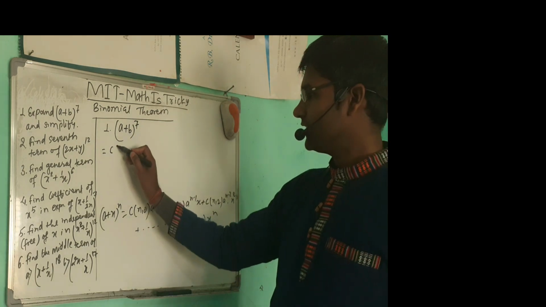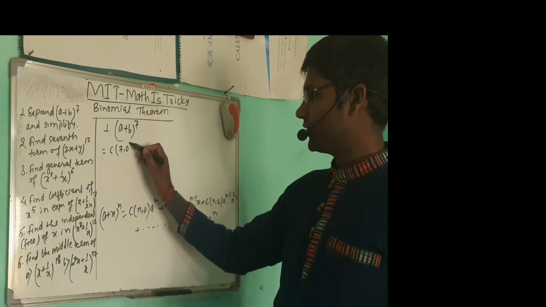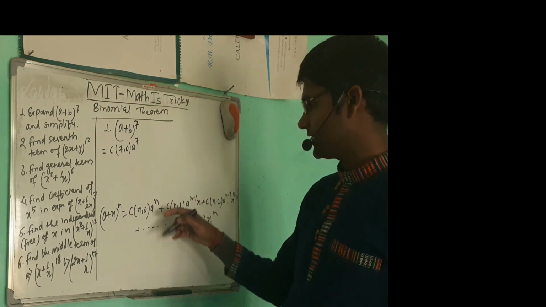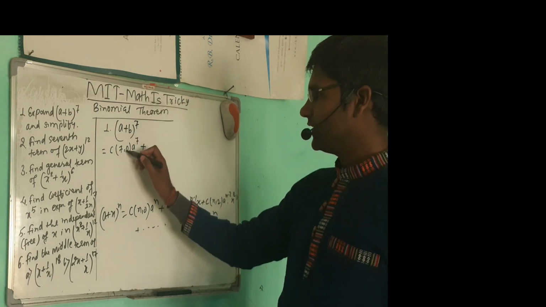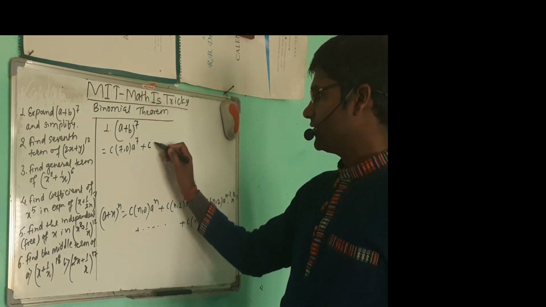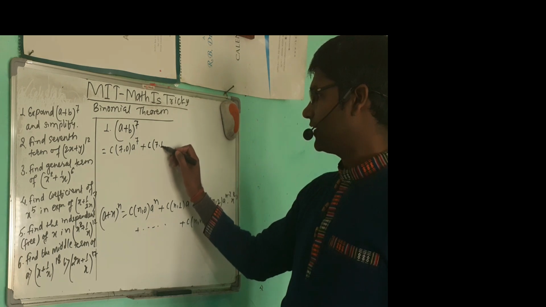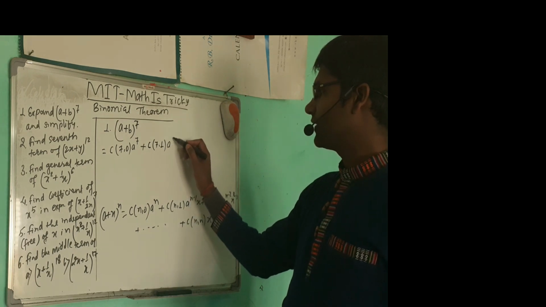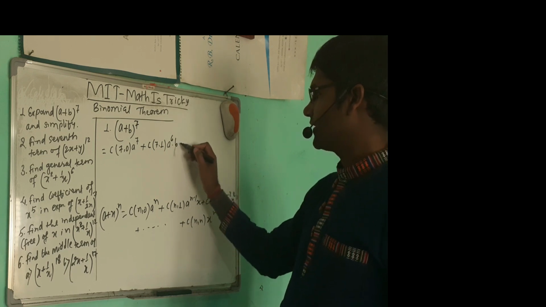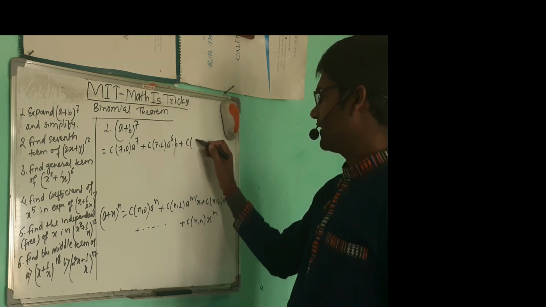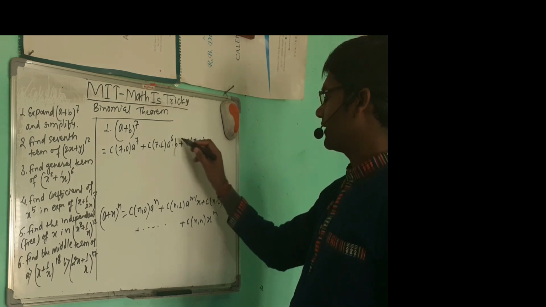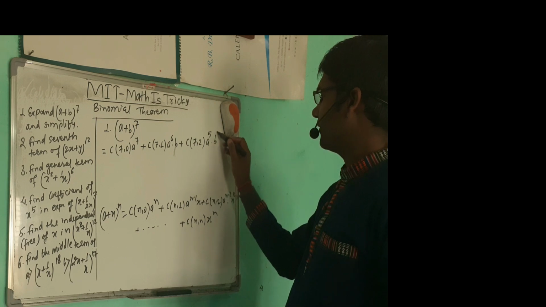Here C(7,0) a^7. Now go on decreasing the power of a and increasing the power of b. So C(7,1) a^6 b, plus C(7,2) a^5 b^2.